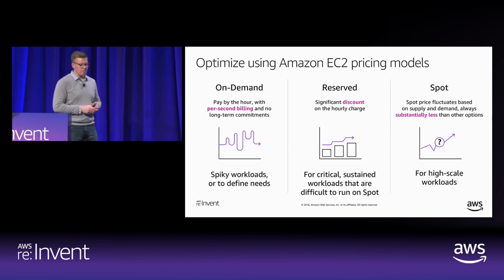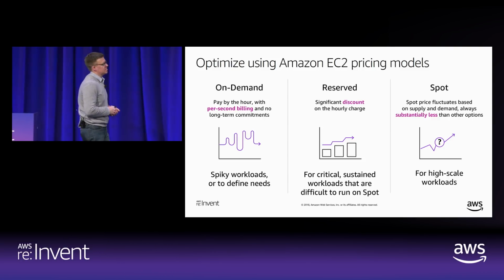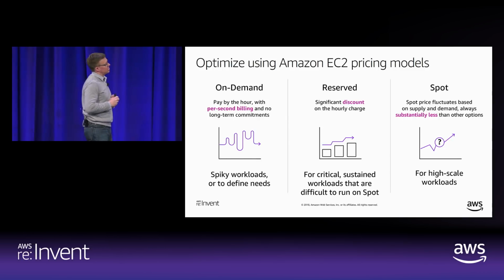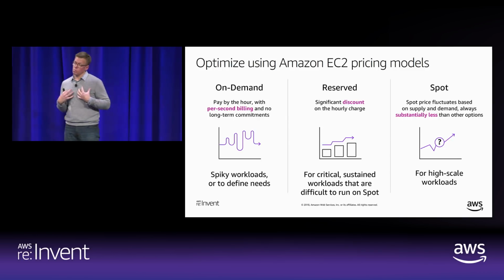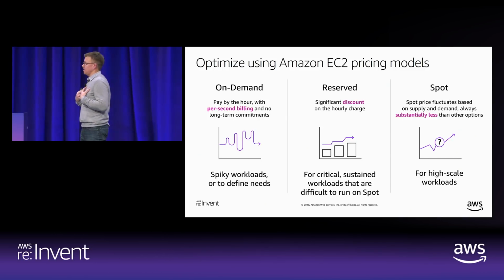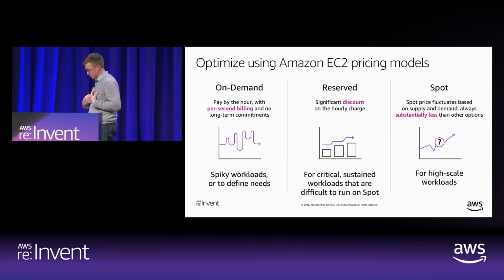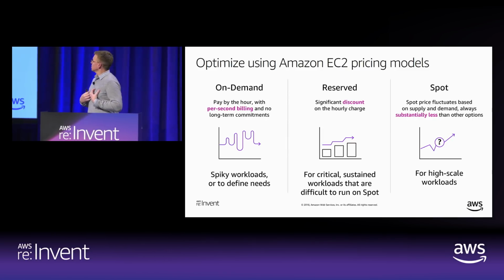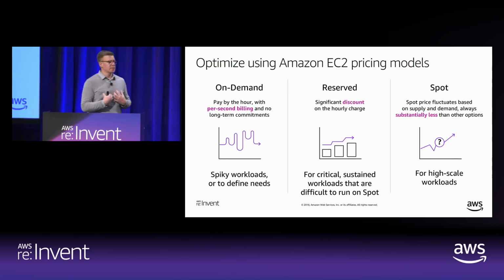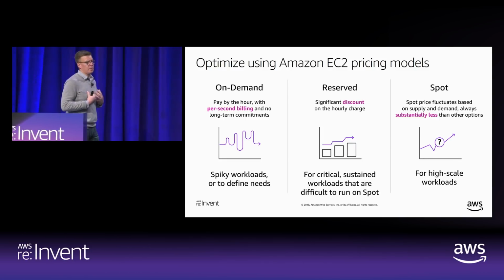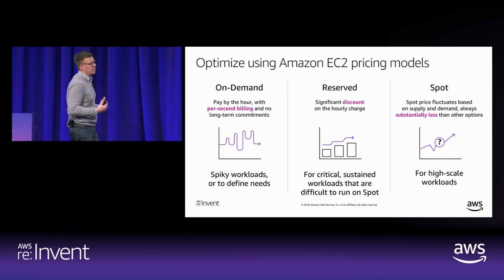Okay, so let's talk a little bit about optimizing EC2 pricing. I'm going to talk on this slide about what we do, and then you can relate it to your own infrastructure. For on-demand, that's where we use Batch. Batch uses on-demand.